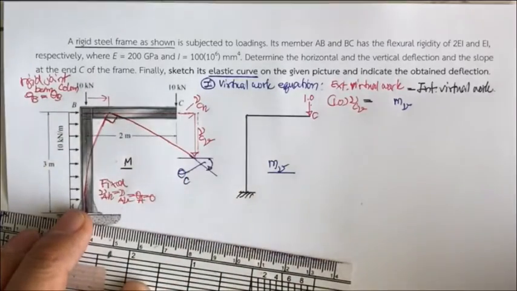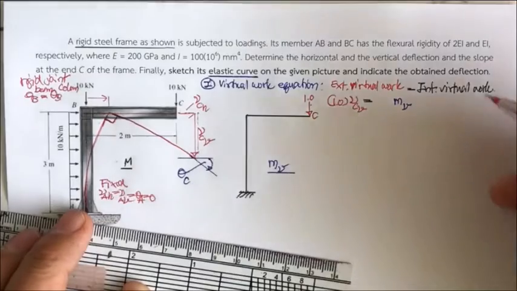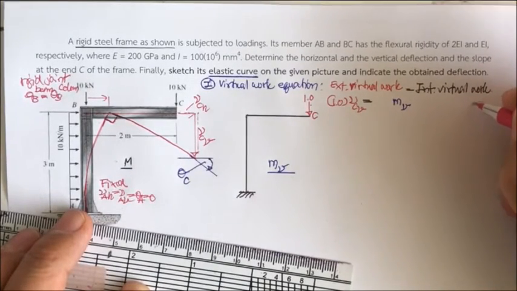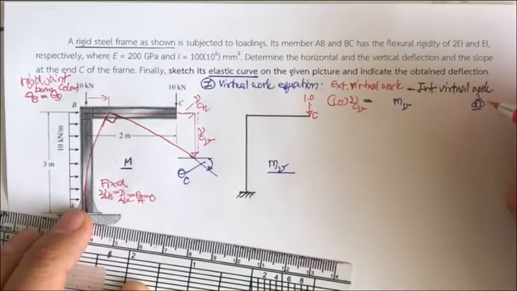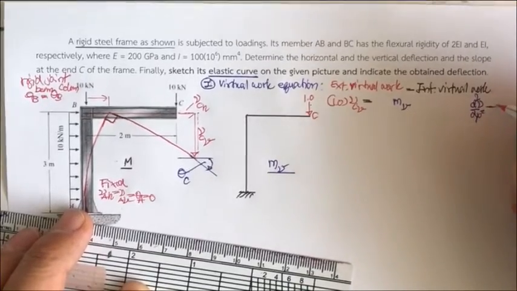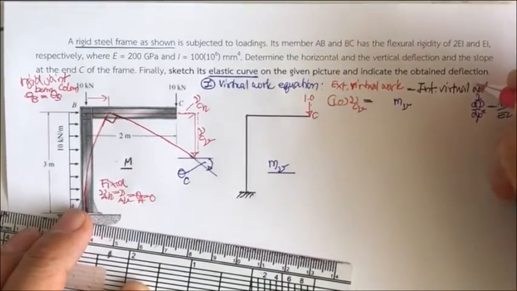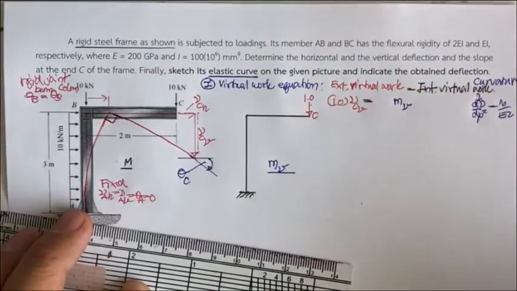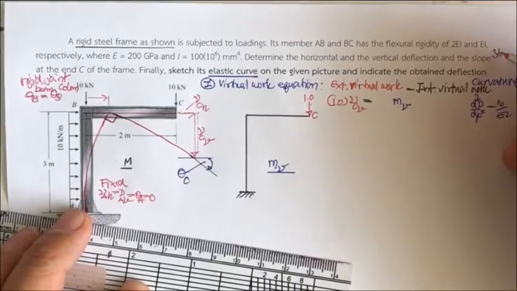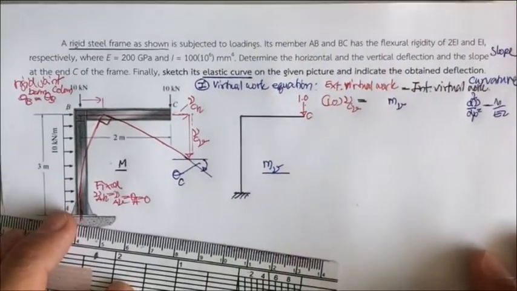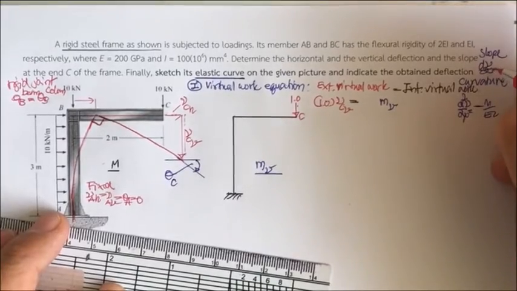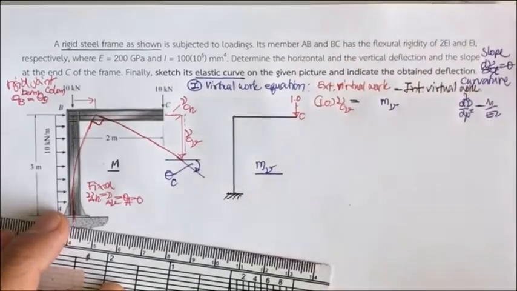We also have the elastic beam theory, in which the curvature is equal to m over EI, and we also have the slope dv by dx equal to theta.